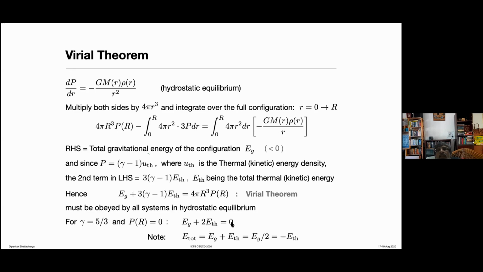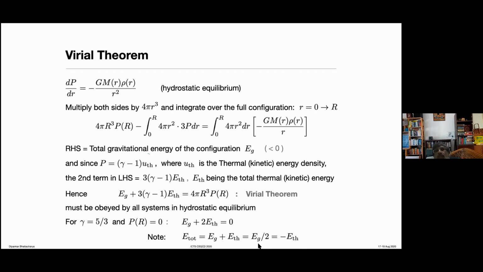But the thermal energy itself is minus half the gravitational energy. So the gravitational energy plus thermal energy sums up to gravitational energy over 2, or which is minus thermal energy. So total energy is equal to the negative of thermal energy. So we should remember that, which is equal to half of the gravitational energy.